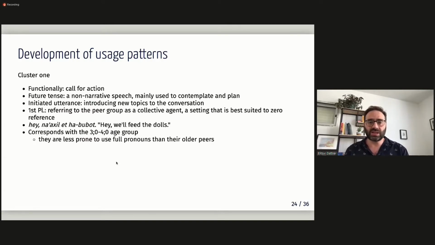It is initiated utterances, introducing new topics to the conversation, and it uses the first person plural, referring to the peer group as a collective agent, and it is a setting best suited for zero reference. For example, "hey na'achil et habubot", hey, we'll feed the dolls, and it corresponds with the age group of 3 to 4. These are less prone to use full pronouns than their older peers.